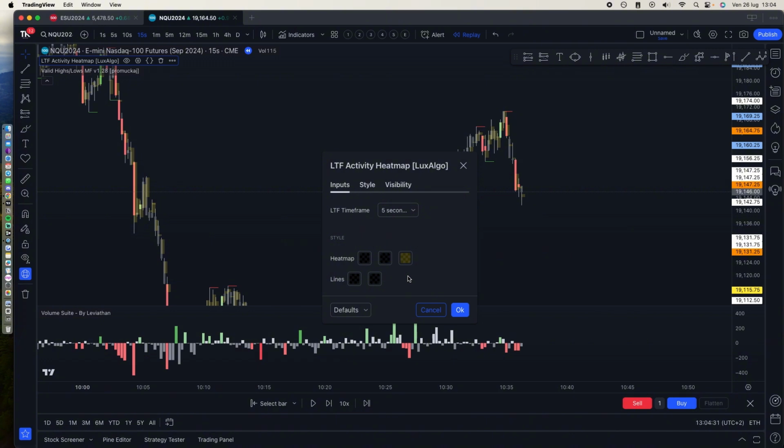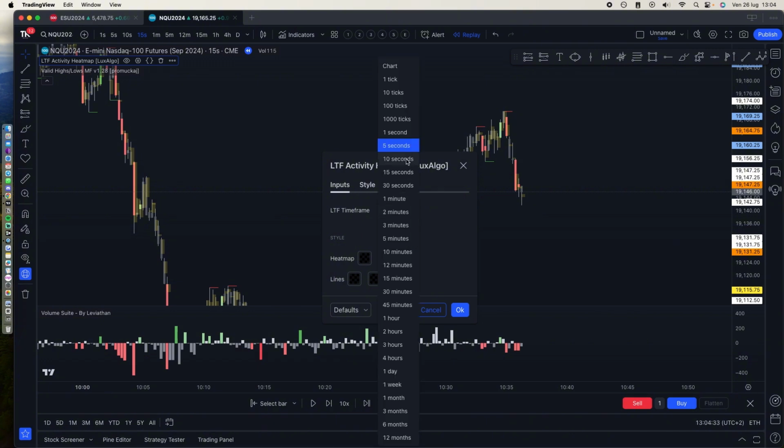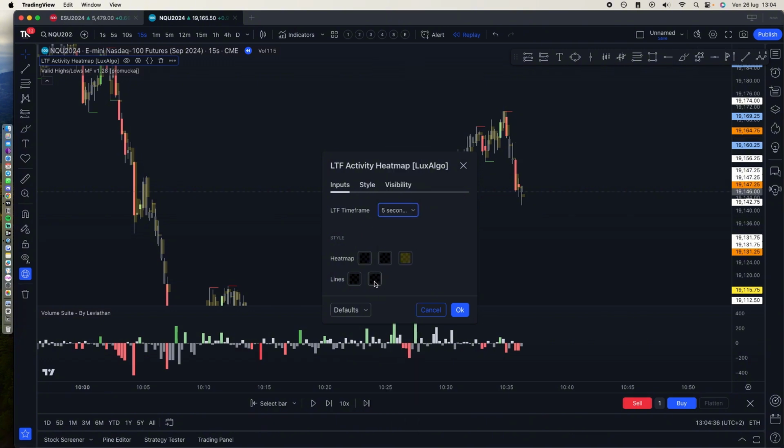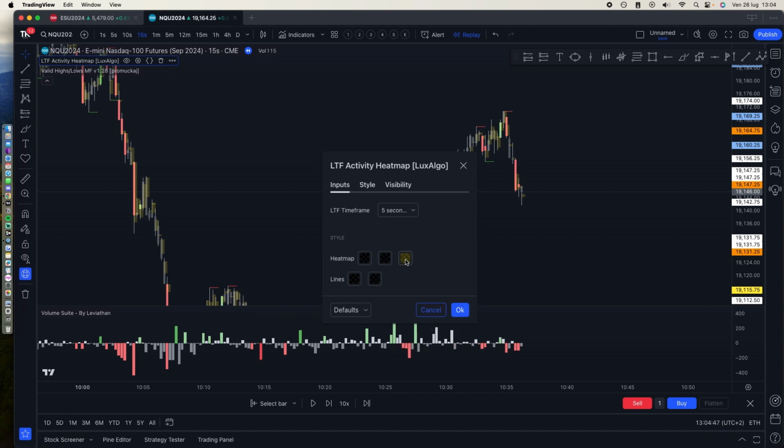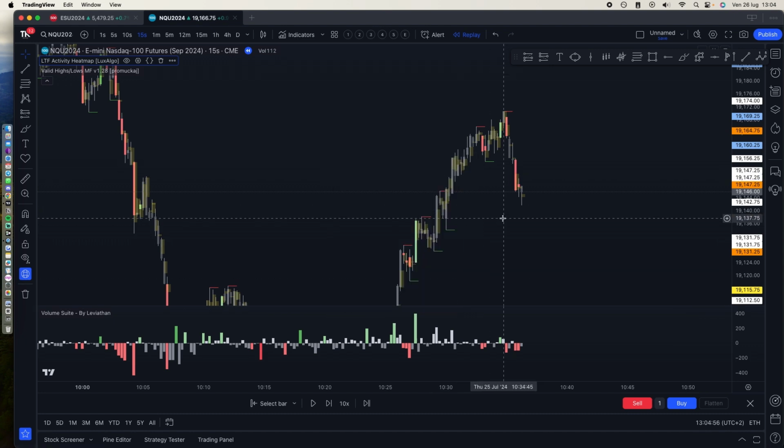And these are my settings. 5 seconds as well. No matter all this stuff, I just want to make sure that the yellow, the third box is visible, because the third box shows me the high concentration of volume.